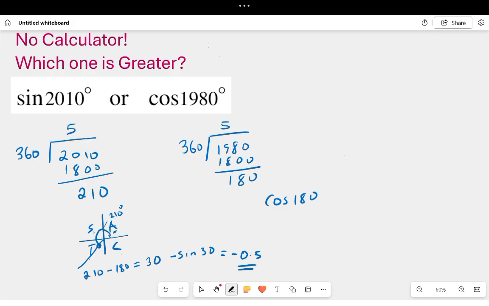Now again, by trying to interpret this using the 4 quadrants: all, sine, tangent, and cosine. In short form, we just say all students take coffee.